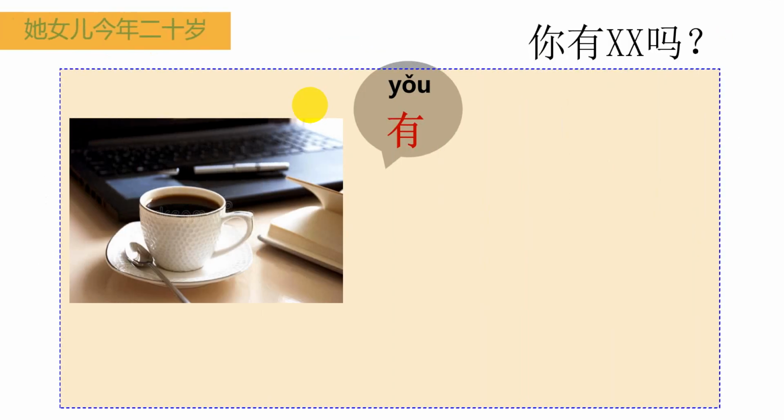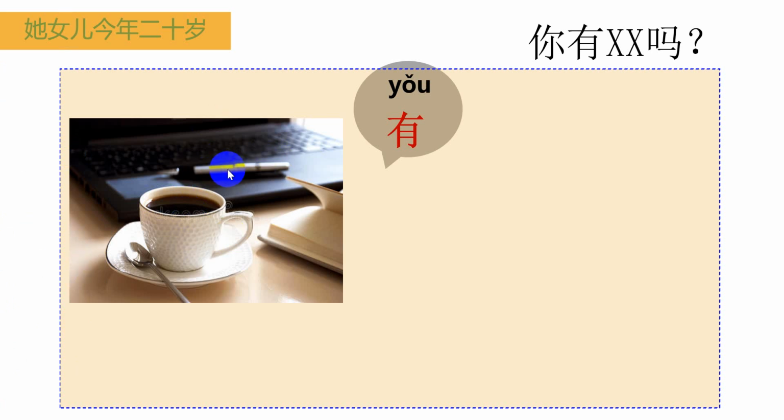So next word, this one, 有, 一起读有. 有. Yes, there is a table, a desk. So what's on the desk? Now, what did you see in the picture? 有什么? 这是咖啡. Yes, 有咖啡, coffee. 还有什么?